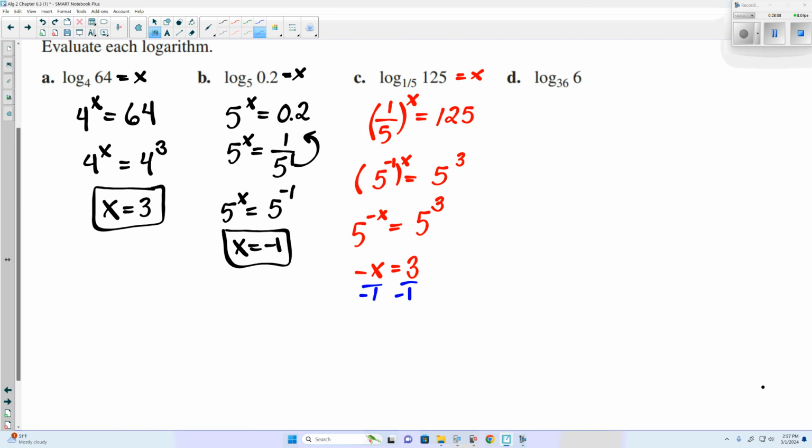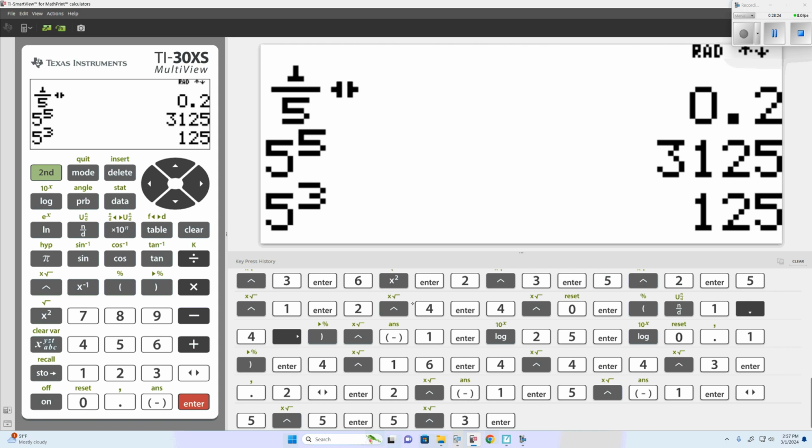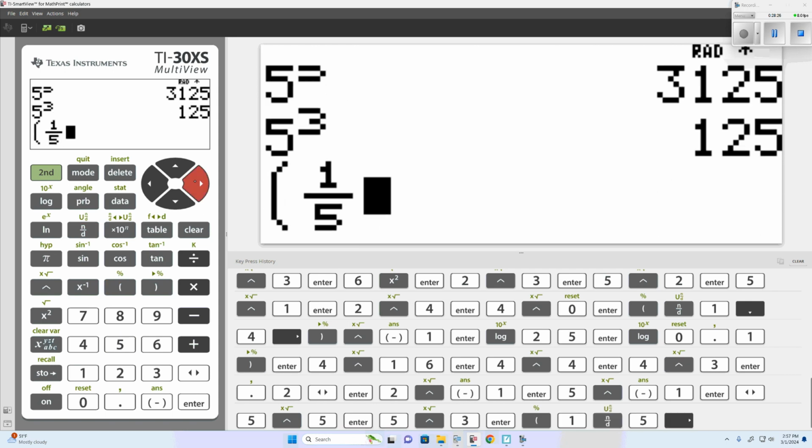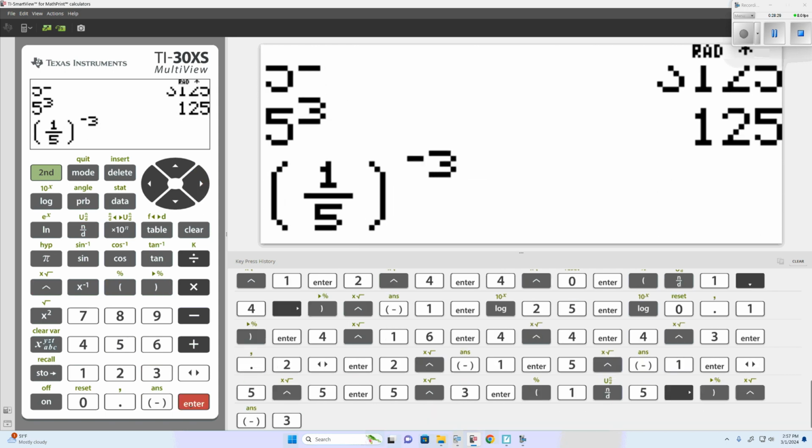Divide by negative, telling us x is negative 3. So 1/5 to the negative 3 will give us 125. If we're going from a fraction to a whole number, or a whole number to a fraction, most likely that exponent is negative.